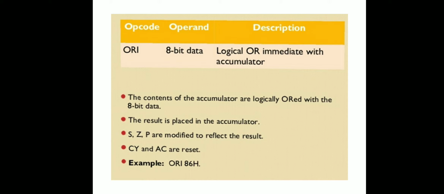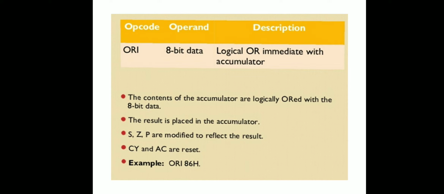Here, the content of the accumulator is logically ORed with the 8-bit data given by the instruction, and the result is placed in the accumulator.